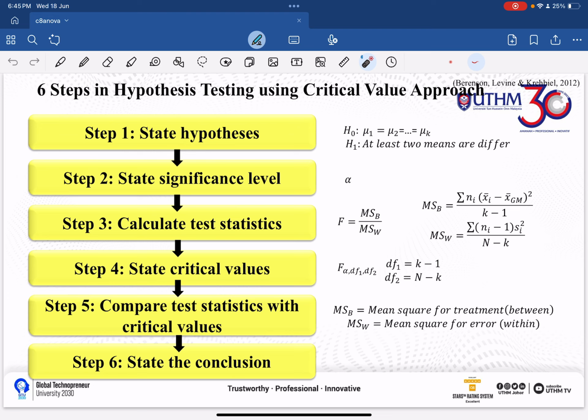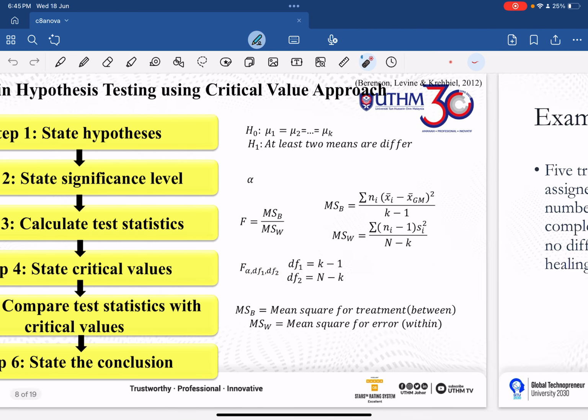And then the significance level is denoted as alpha, and then you need to calculate the test statistic, for which you need all of these formulas. So this is the F test, where we give you the alpha, the DF1 and DF2. So this is your critical value.